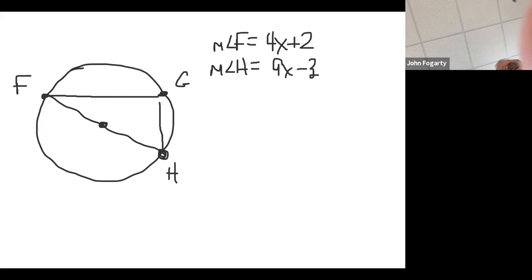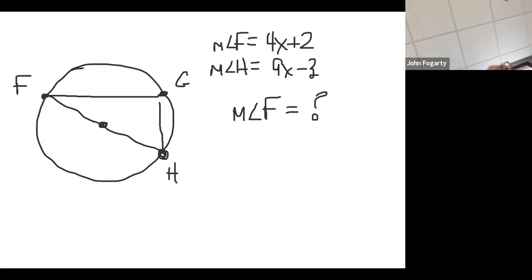Why? Because I told you they were. If I said to you, what's the measure of angle F? Well, how would you do that? Well, fellas, what do you know about triangles and their angles?